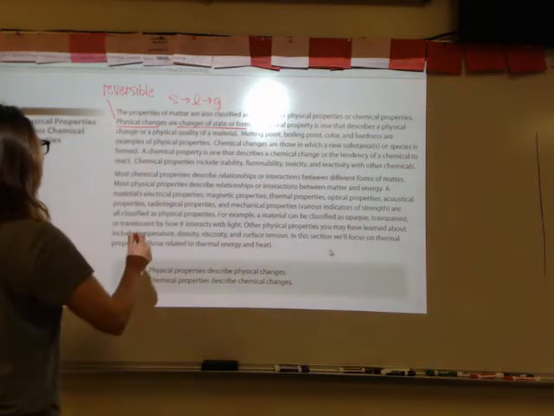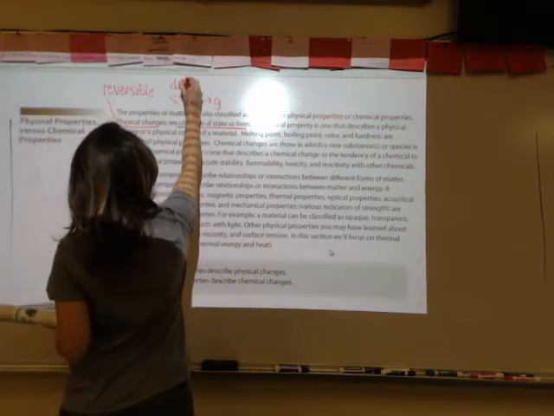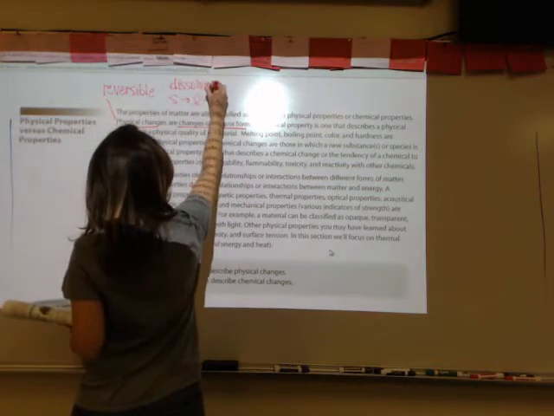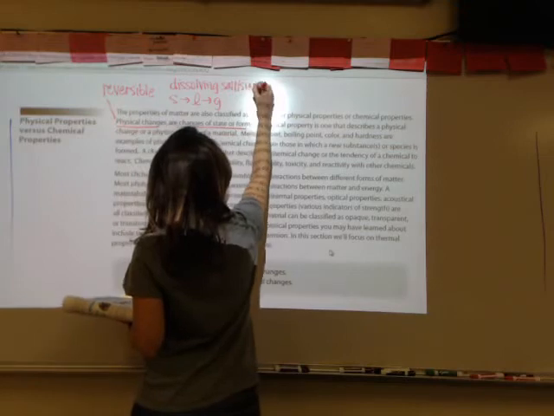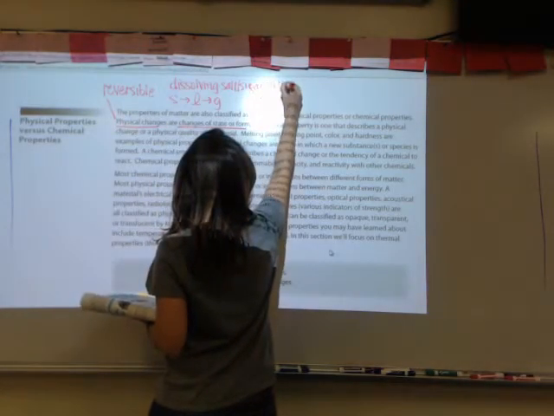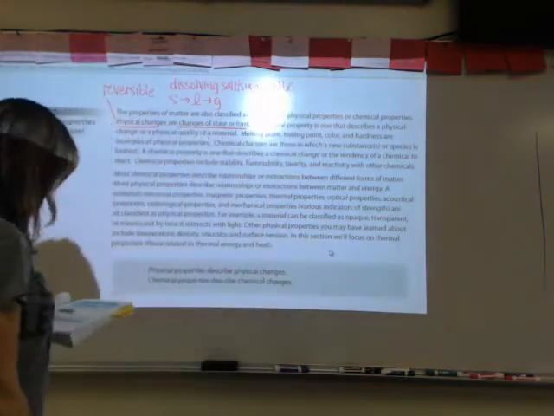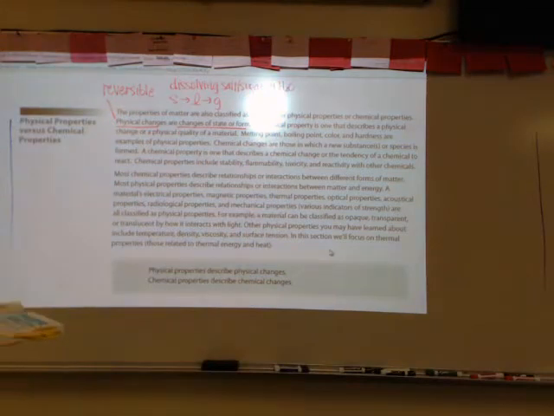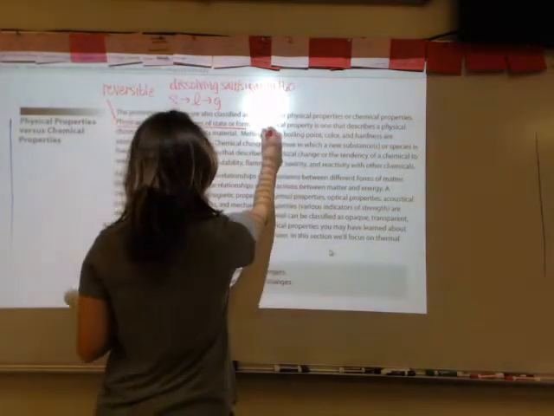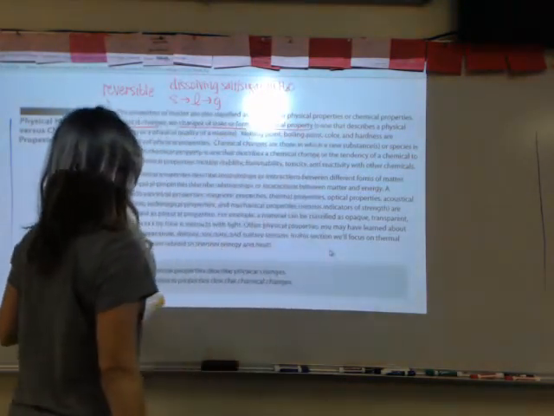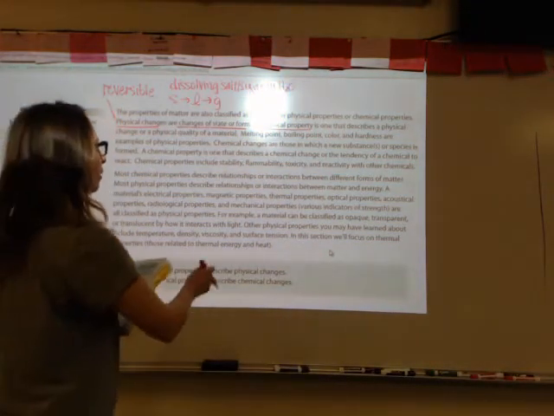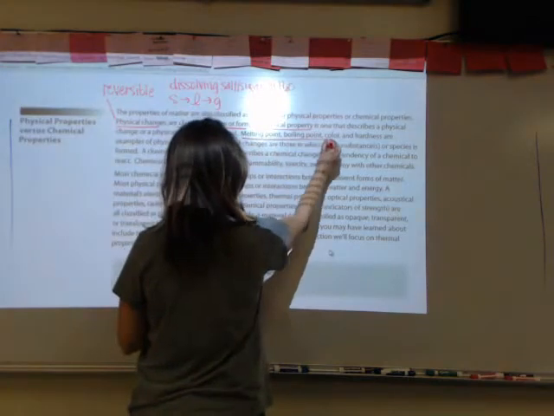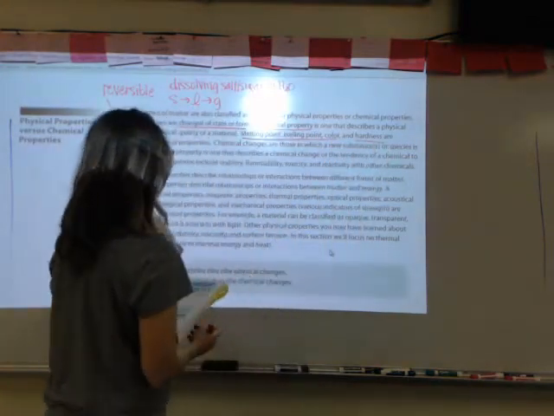A physical change would also be dissolving salt or sugar in water. A physical property is one that describes a physical change or physical quality of something. So this would be things like melting point, boiling point, color, hardness.